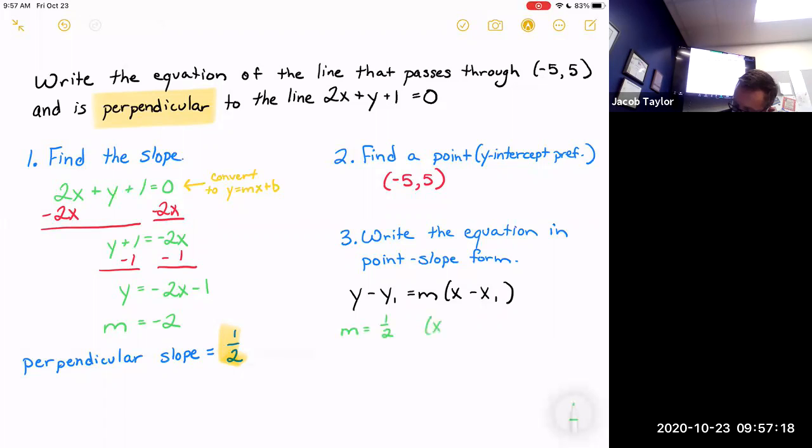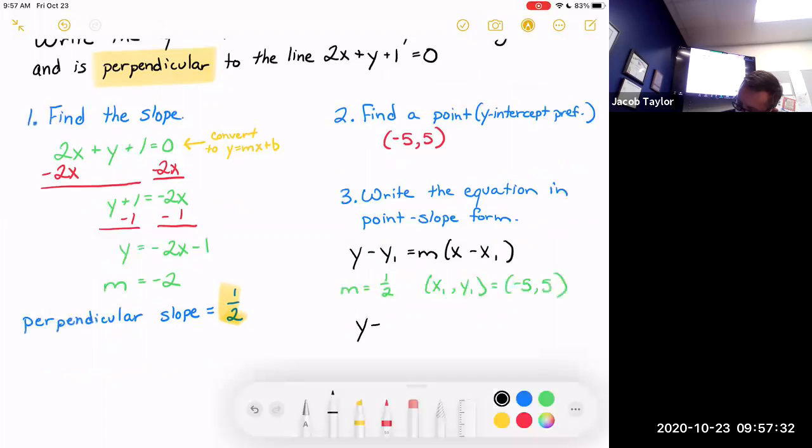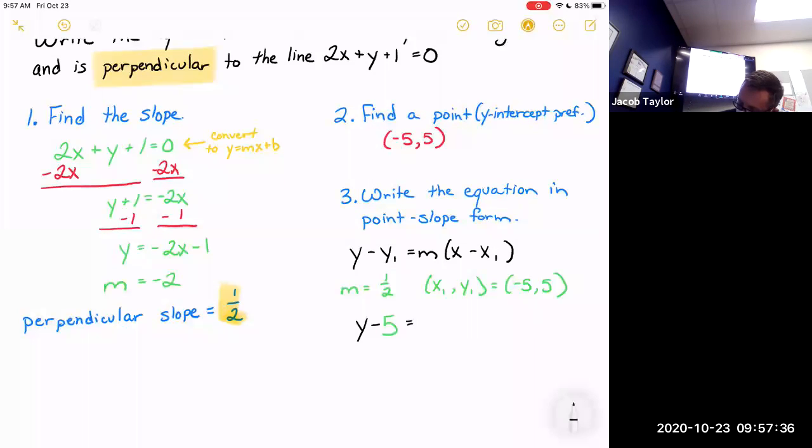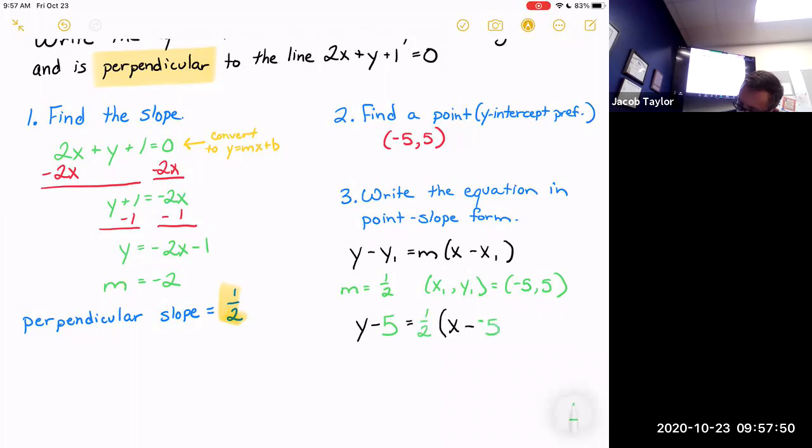Yeah, the x1, y1 is going to be my coordinate, which was -5, 5. So my equation will be y minus y1, which is 5, equals m, which was 1/2, and in parentheses x minus x1, which is -5.